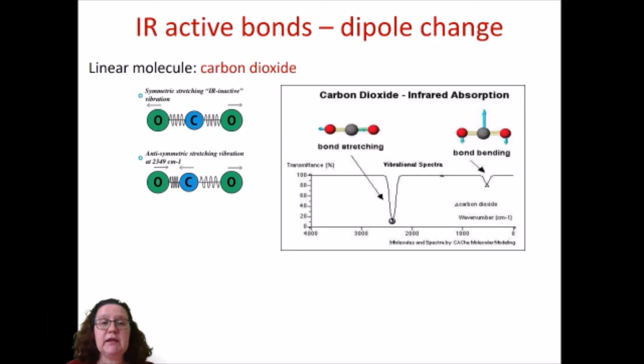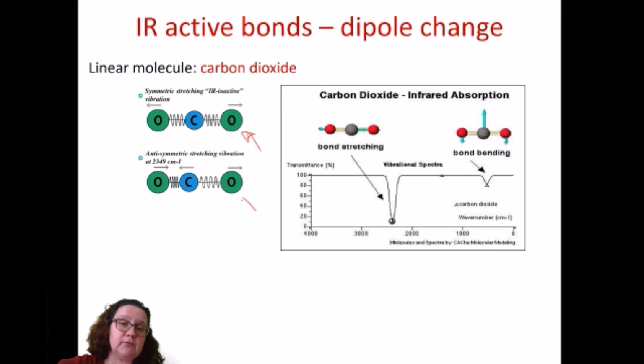So here's the molecule of CO2, and here is the example of the symmetric stretching vibration of CO2. And this means a non-polar molecule. There's no change in the dipole moment. So this band is inactive in the infrared spectrum. It does not show.